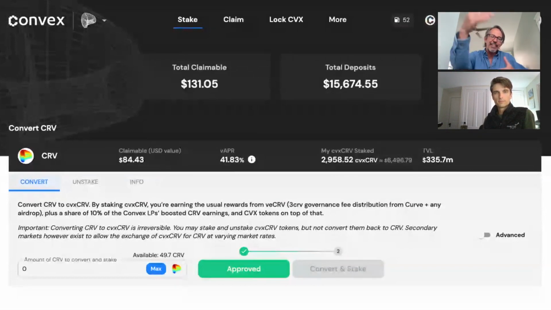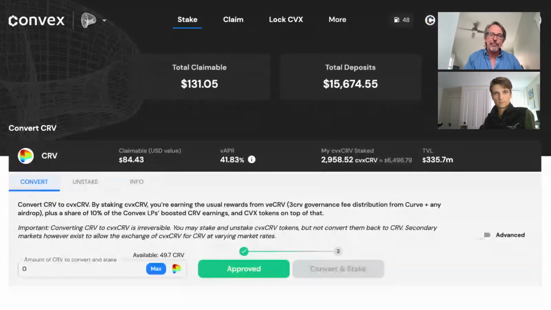So it's kind of that next level. Curve was incentivizing liquidity pools and gauging that. Well, all Convex is doing is basically taking those liquidity tokens and doing the same thing: if you vote for this liquidity pool token, we'll boost your return.